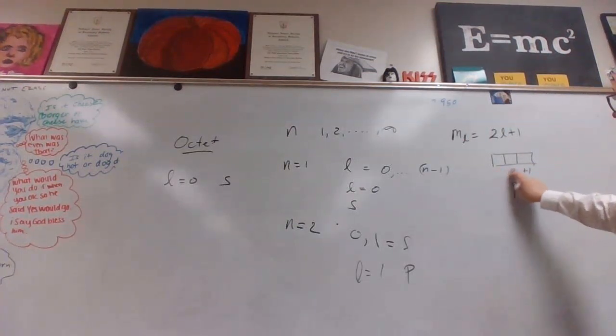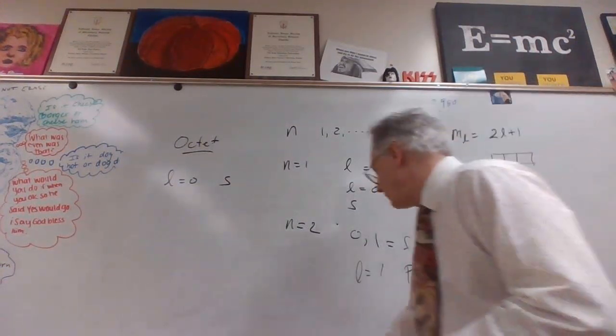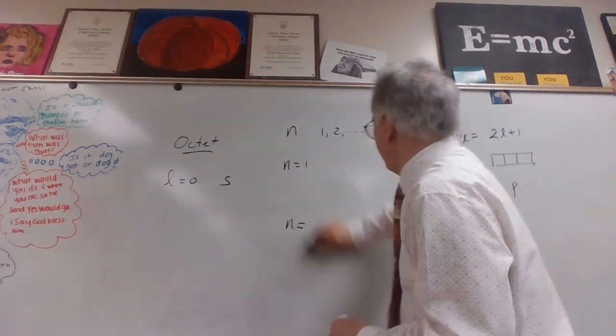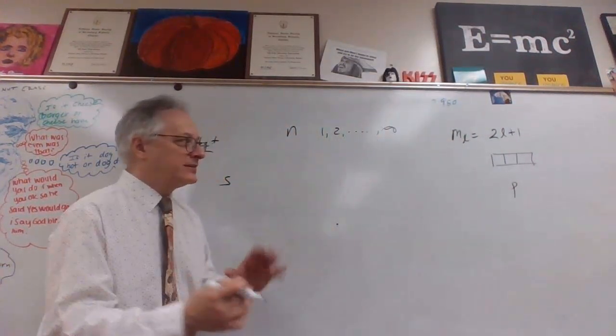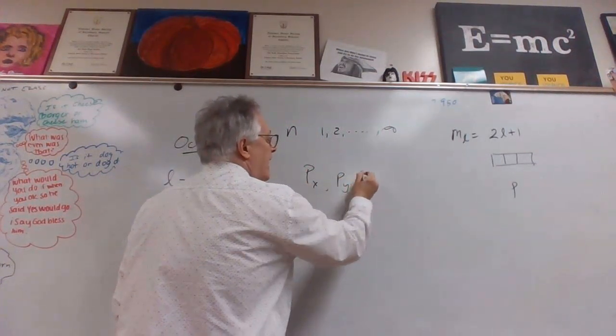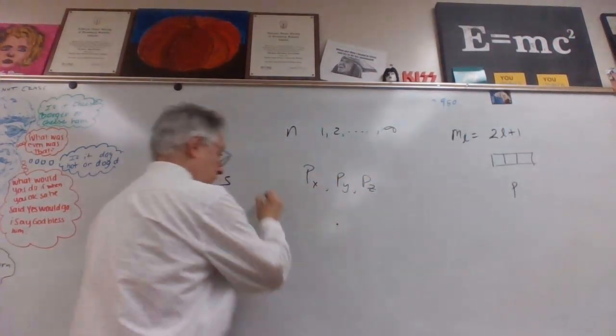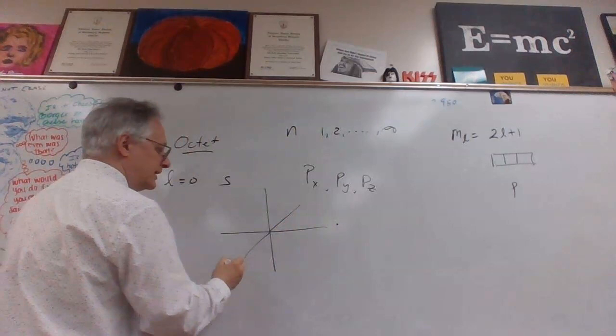But actually, these three p orbitals are oriented in space in such a way that they align along the x, y, and z axis. So when I have a set of p orbitals, I have a px, a py, and a pz, and they do fall along the x, y, and z axis.